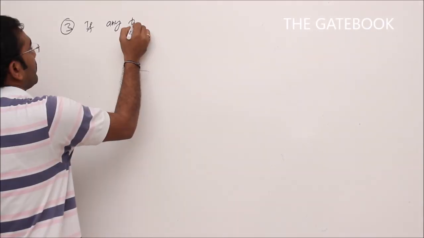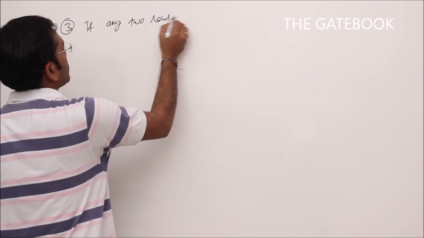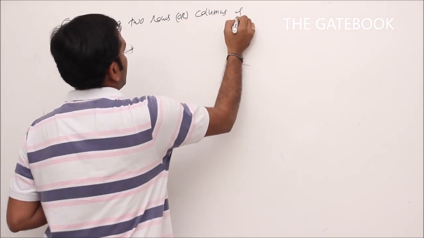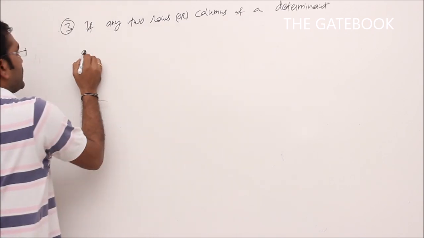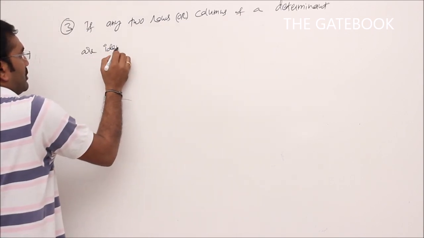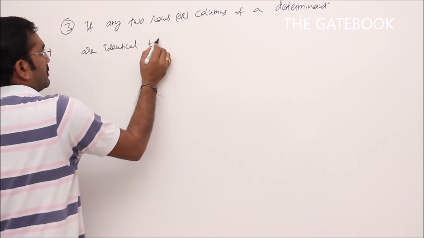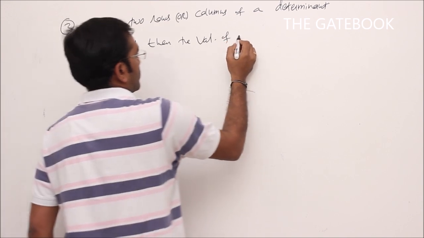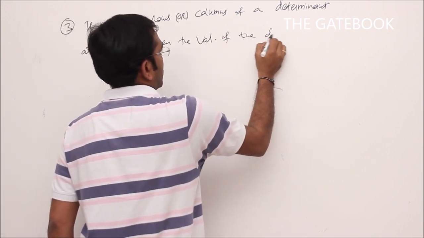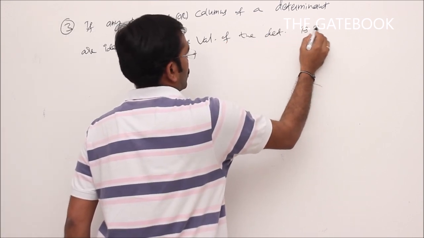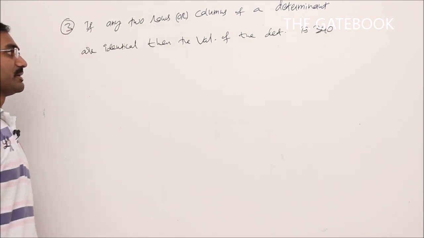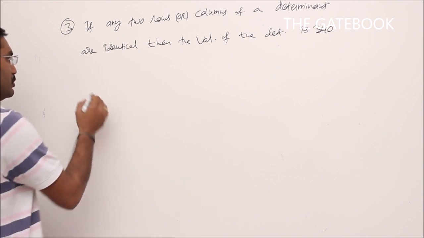Now third property, if any two rows or columns of a determinant are identical, then the value of the determinant is 0. If any two rows or columns of determinant are identical, then the value of the determinant is 0.